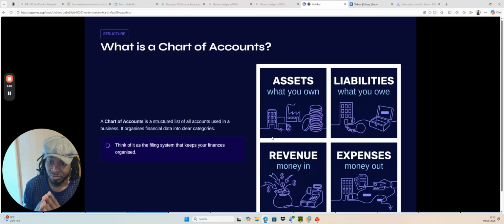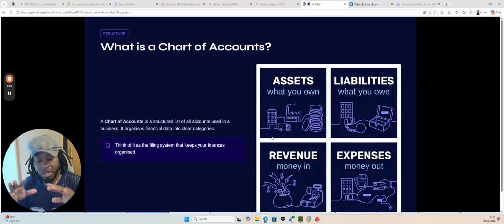Think of a chart of accounts like a book, like that book you keep in your business place where you have a record of all your financial transactions. Within this book, you have divided it into sections and say, okay, this particular section is where my assets are, and these assets are the things that you own.